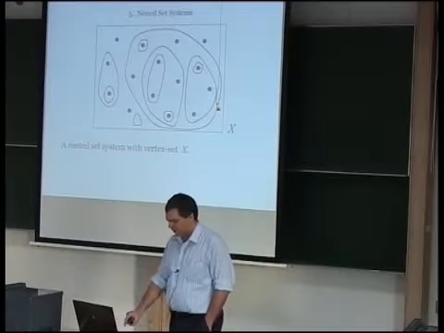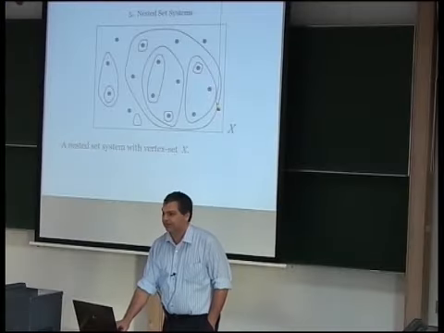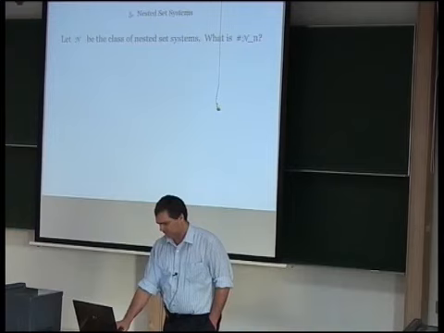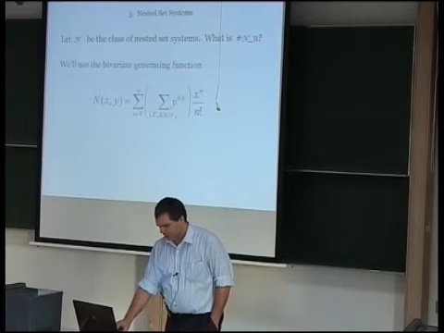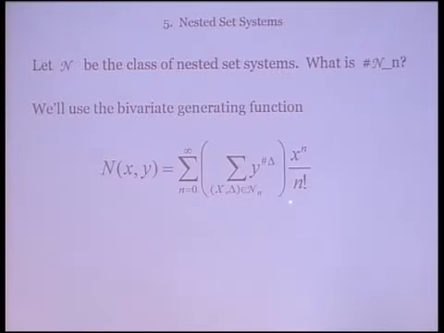How many of them are there? So I'm going to use this generating function with an extra variable in it, keeping track of the number of sets in delta in the exponent of y. If I set y equals 1 here, this summation is going to sum one summand equal to 1 for every one of these guys.